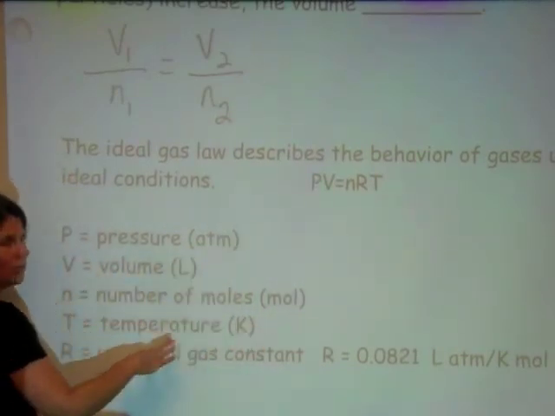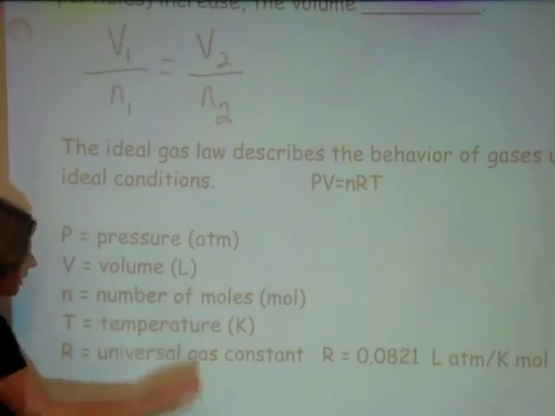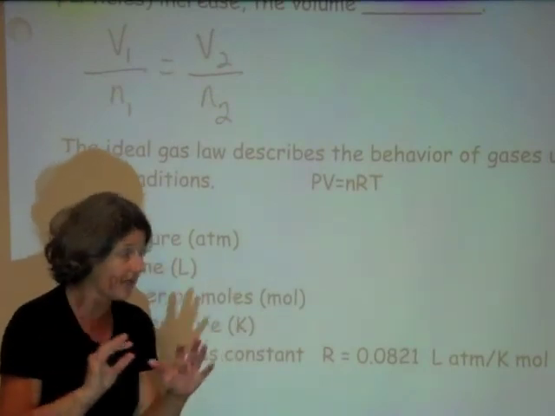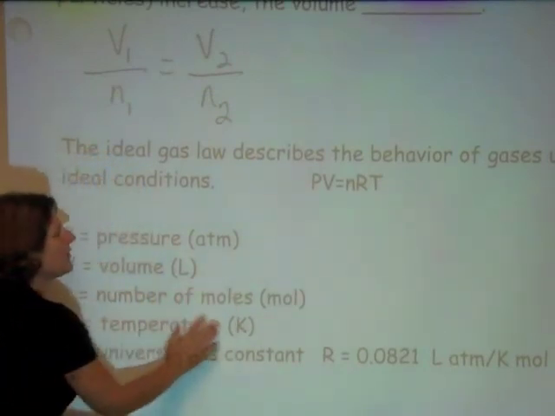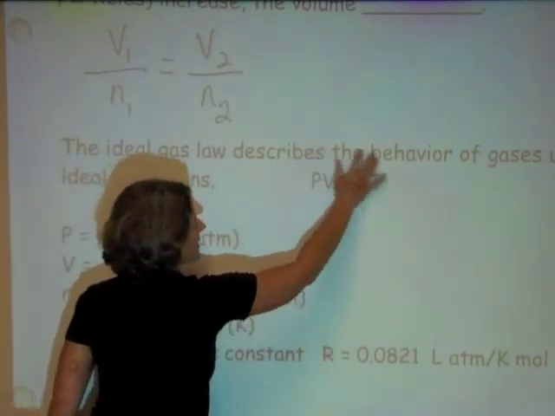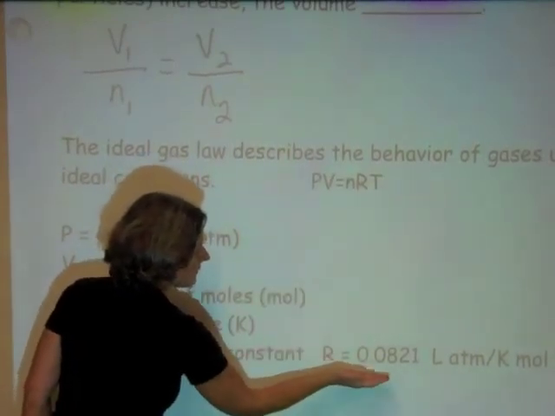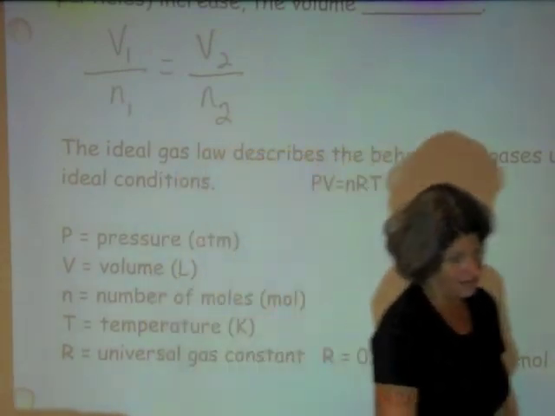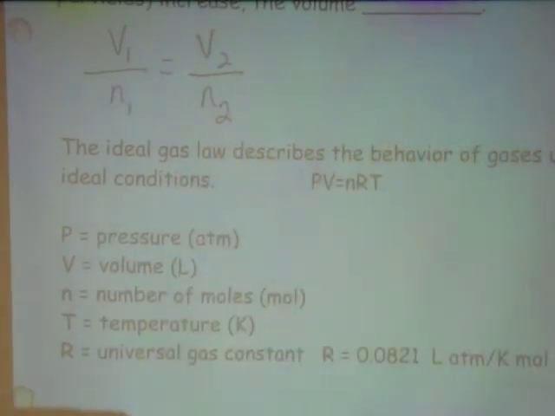Number of moles is number of moles. Our temperature has to be in Kelvin, but it's in Kelvin with all the gas laws, so that we can tie all those things together with this value of R. That was really fast. Again, we will talk about the nuances of this so much more. Okay, that's it.